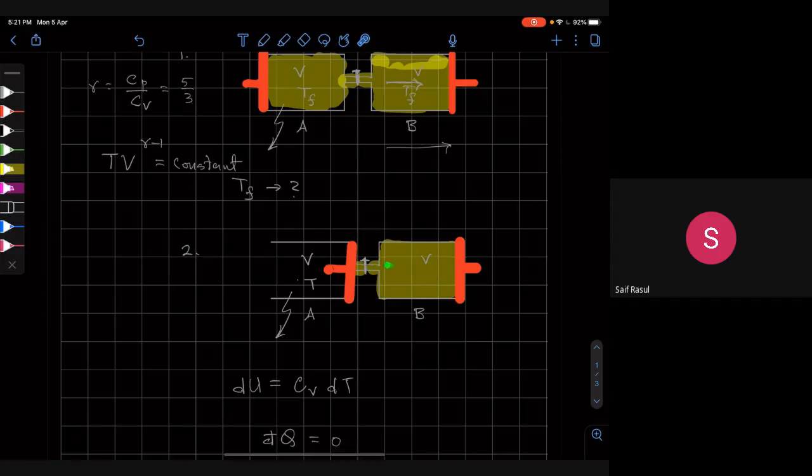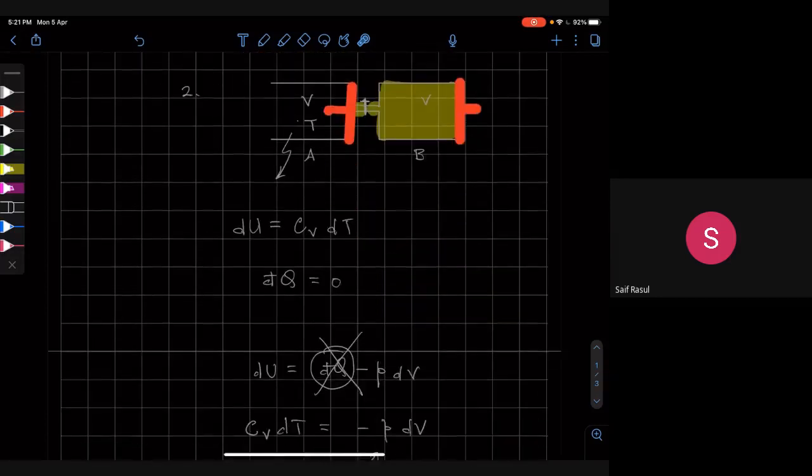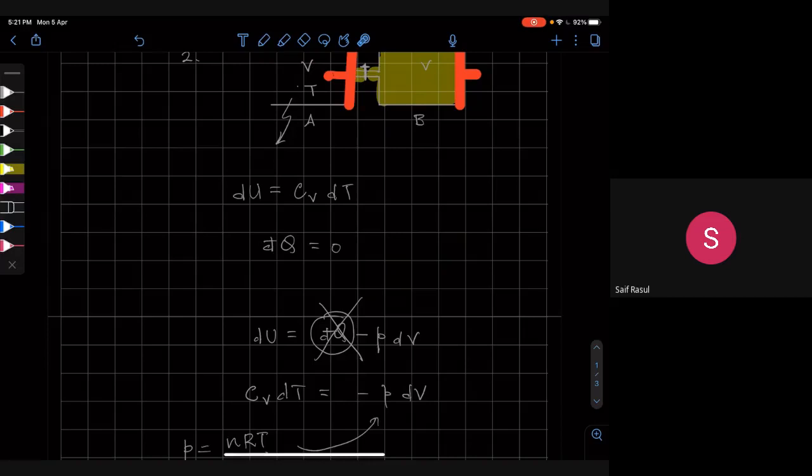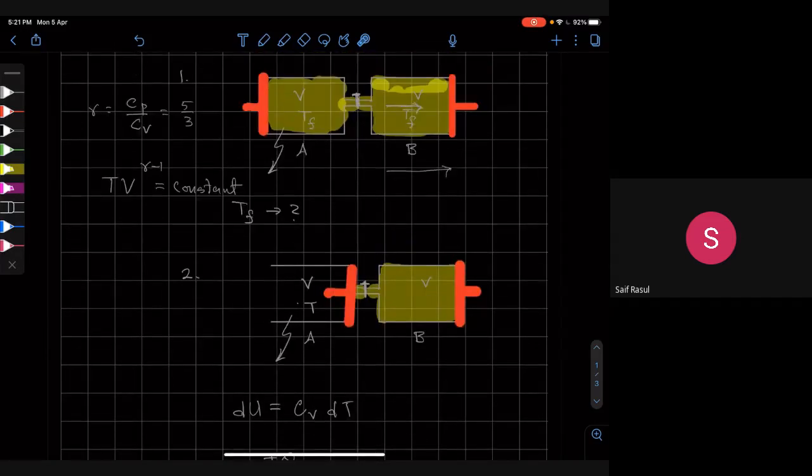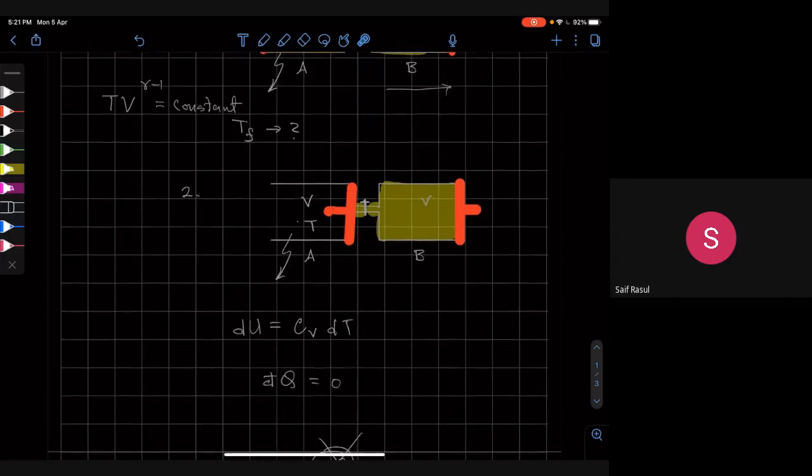And then what's happening is that as gas is filling in, the pressure in chamber B is going up, right? And therefore, you can't really use the fact that P is constant anymore. That's what it's saying, right?